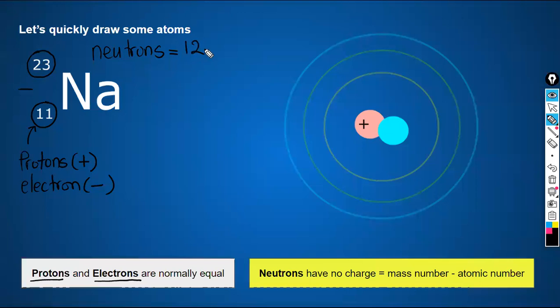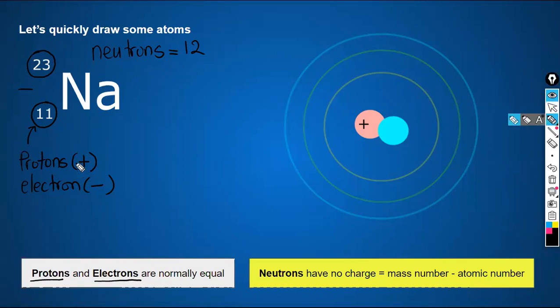Oh, by the way, what's the charge on a neutron? Is a neutron positive, negative, or no charge? Right, the neutron has no charge. Now, in case you all didn't remember, protons and neutrons are at the center of the atom. You call that the nucleus of the atom.